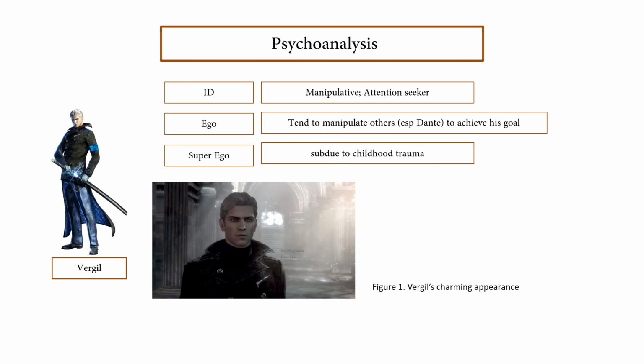On the other hand, Virgil, the other twin brother, was always presented as someone with a charming appearance, and the way he talks would always please others.